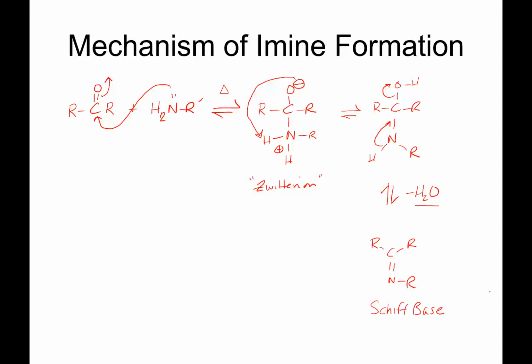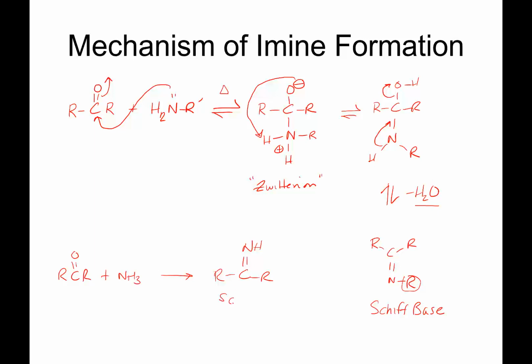So a Schiff base has a C double bond N with an R group over here. If I did this whole process with ammonia, then I would end up with what's truly called an imine, which is an NH, because that came from taking the ketone and adding ammonia to it.